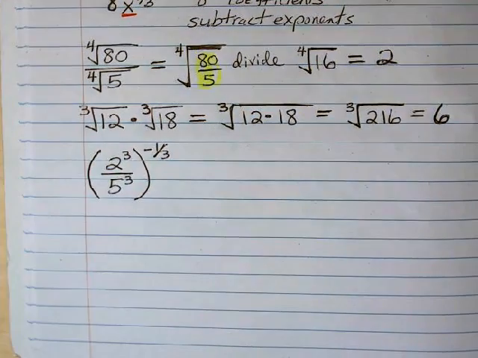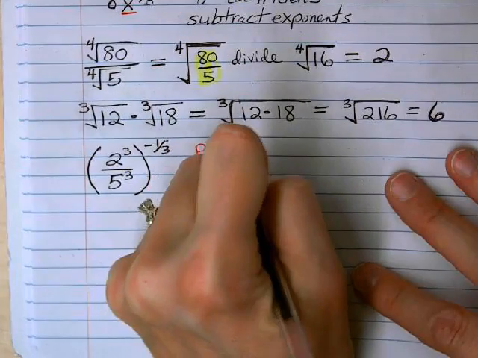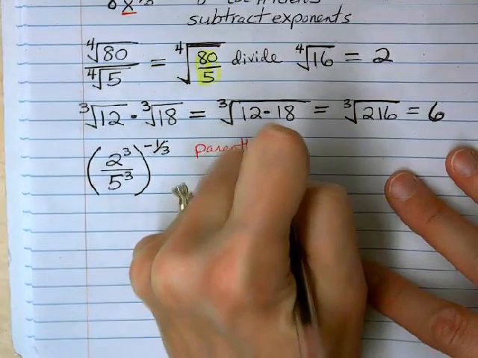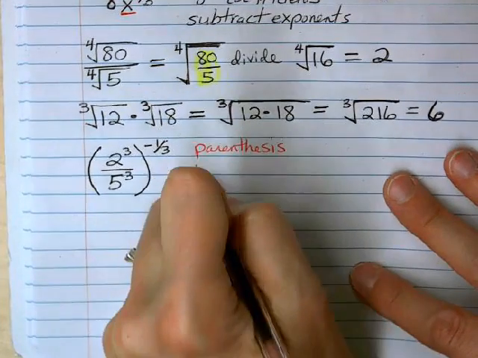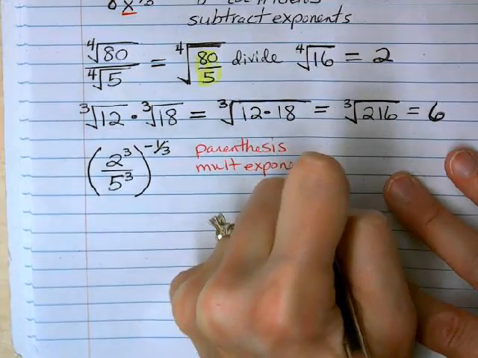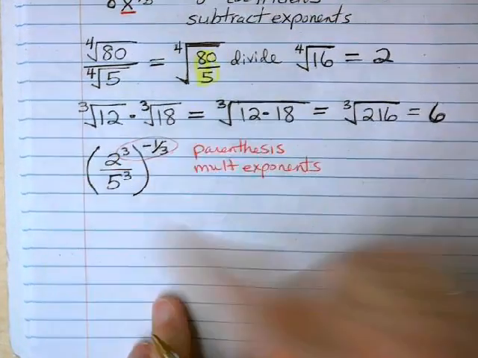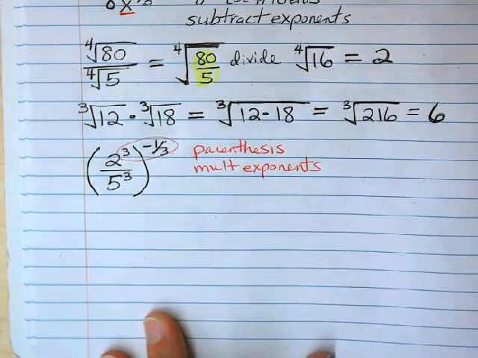When it has parentheses, you have to multiply your exponents. That's the key here. There's parentheses, so it makes a power and then another power on the outside. When it's like that, you have to multiply the exponents.